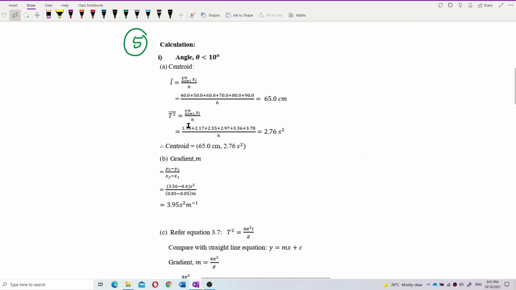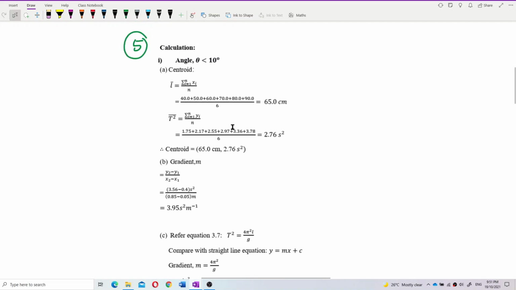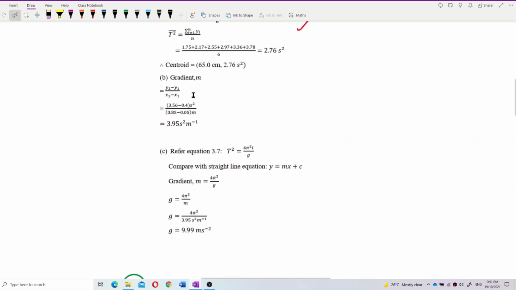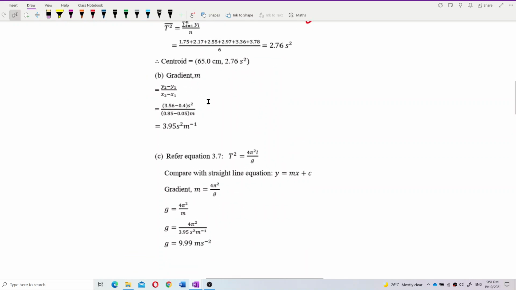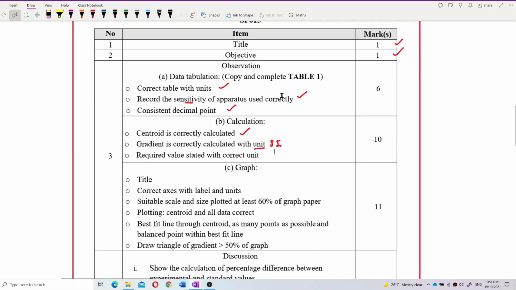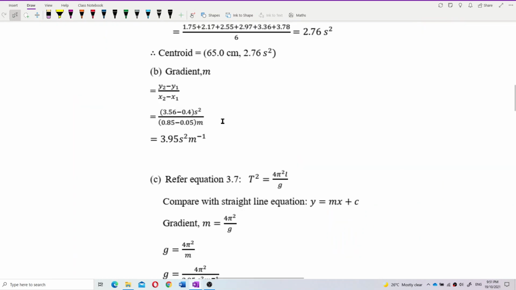Look at the gradient here. For this one you must have consistent decimal points also.